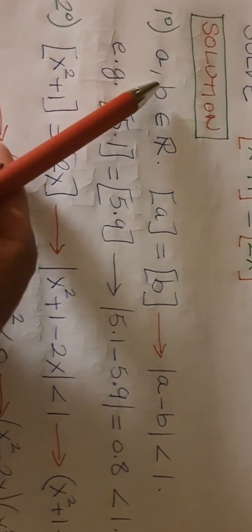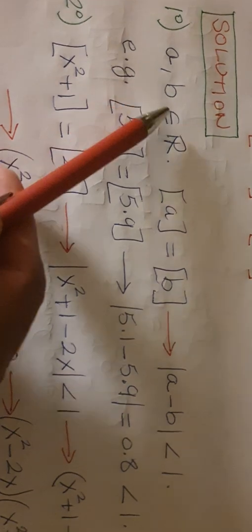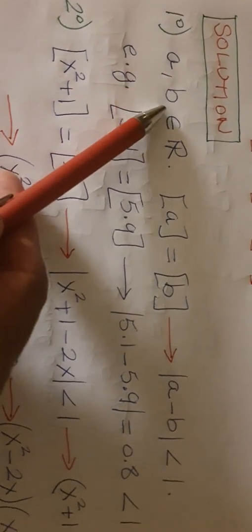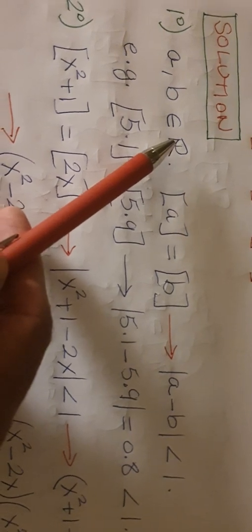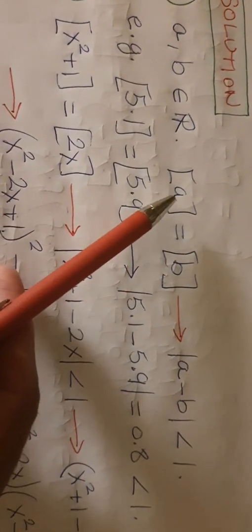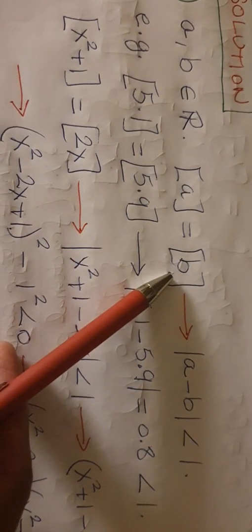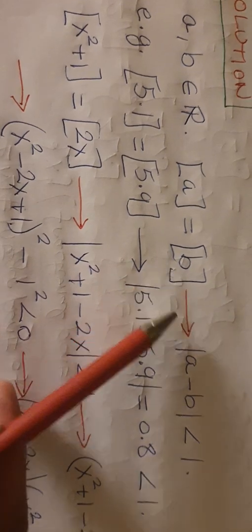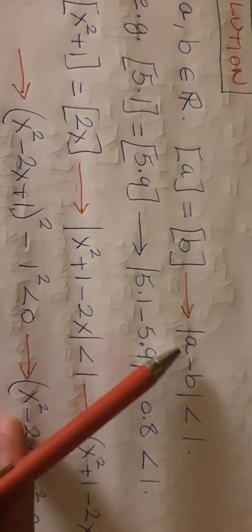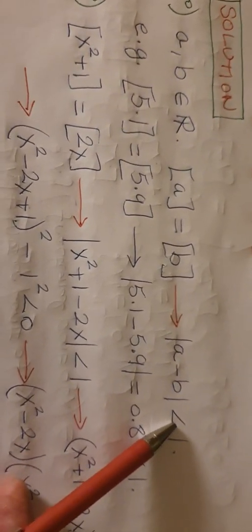if a and b are two arbitrary real numbers, to say that the integer part of a is equal to the integer part of b is to say that the distance between a and b is strictly less than 1.